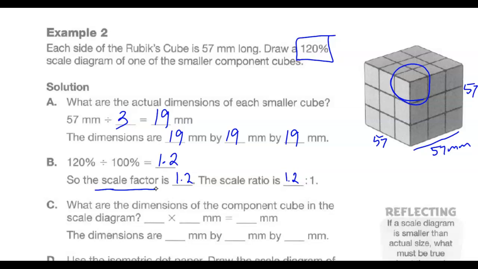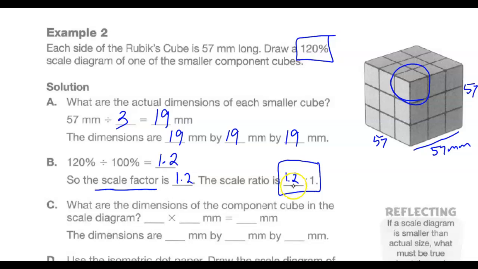So really they're asking for the scale factor of your diagram compared to real life, where sometimes they're asking for a scale factor of real life to the diagram. So it kind of depends. But here, scale factor of your diagram is 1.2. Now notice how the ratio there has a bigger number at the beginning, the first term, than the second one, because that means you're expanding from real life.